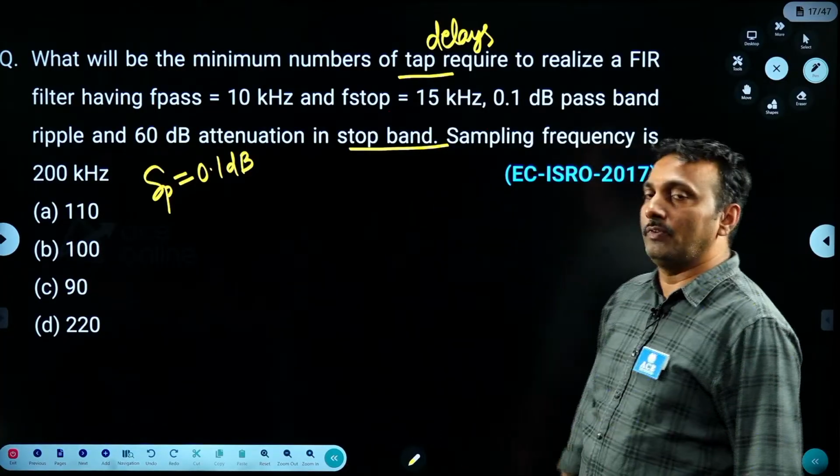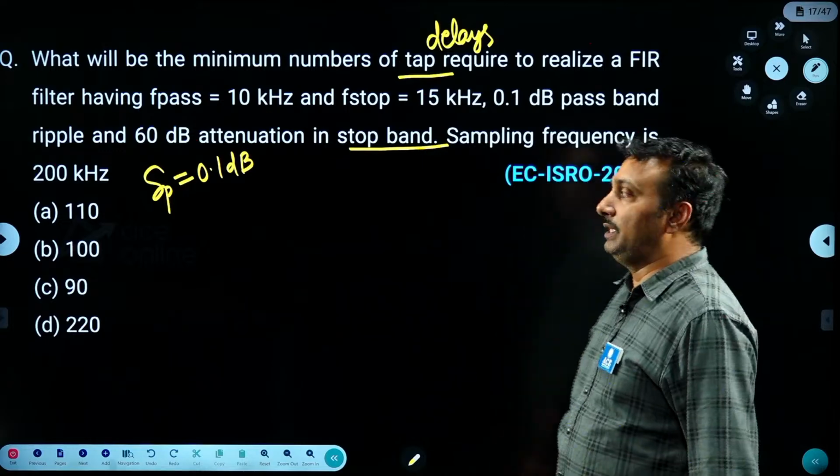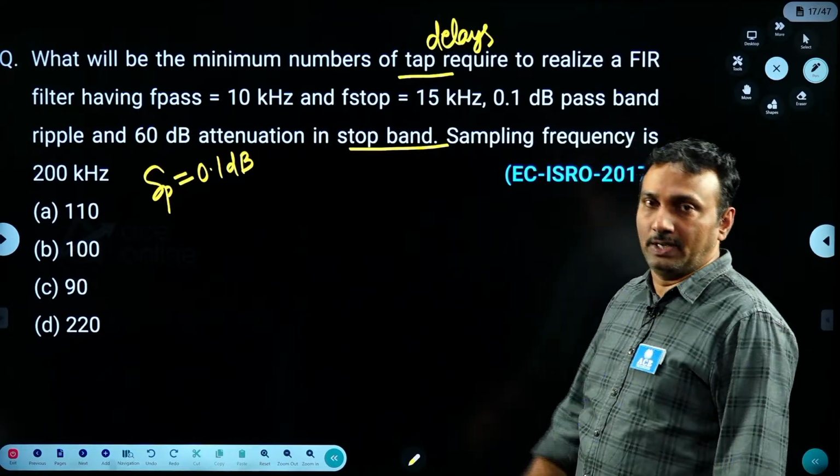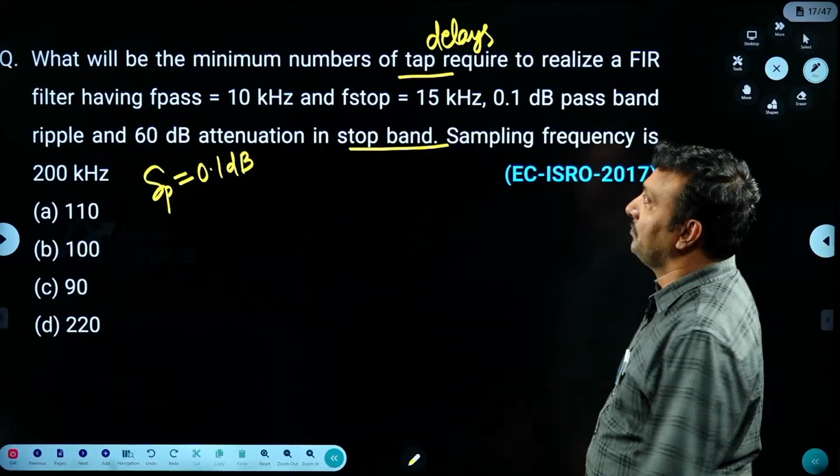By giving all this information, he is asking what is the order of the filter. Number of delays indirectly means order.